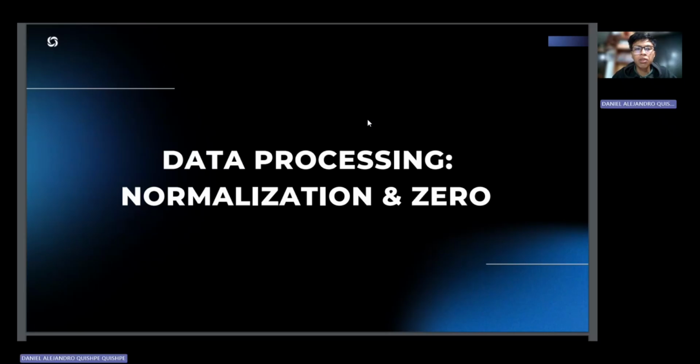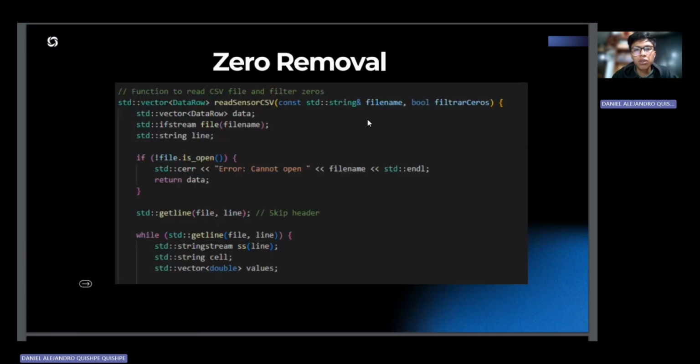Hi teacher, I'm going to explain data processing, normalization, and zero removal. First, zero removal. Some sensor readings contain zero quaternions, which indicate measurement errors. During data loading, any rows where W, X, Y, or Z is zero are automatically removed to avoid problems in later processing.